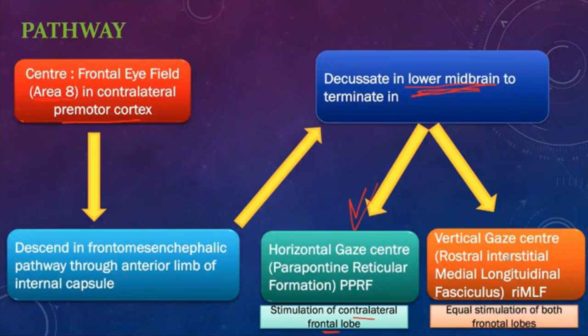This nucleus receives equal stimulation from both frontal lobes because they will ascend and descend in the medial longitudinal fasciculus to supply the vertical recti and the vertical oblique muscles. So they will supply the vertical muscles, which are present at different levels, and the impulses will ascend and descend in order to stimulate these muscles.